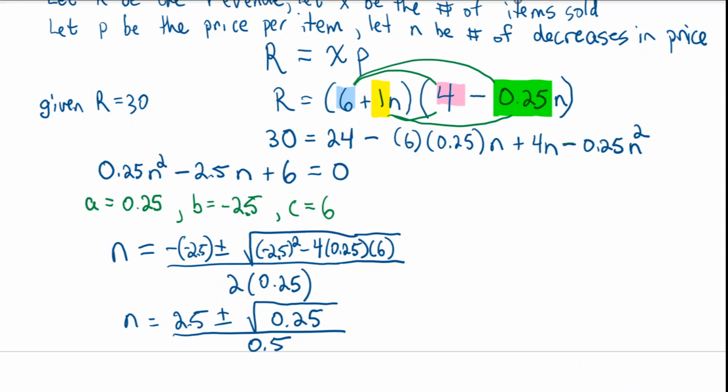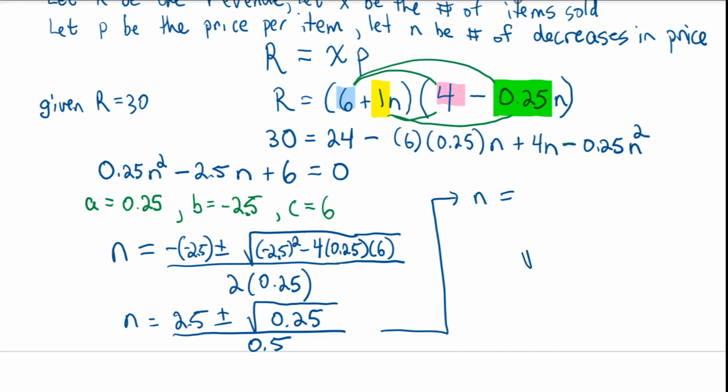All right. Now let's get what n is. The square root of 0.25 is actually 1/2. And think about it this way.